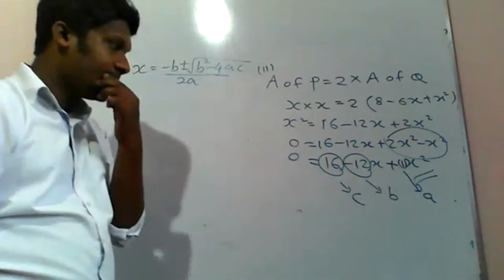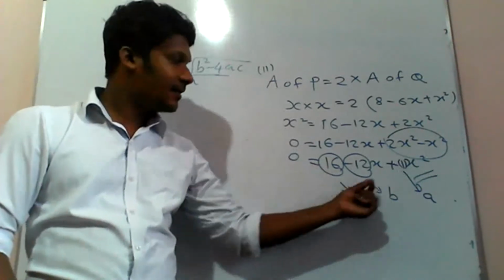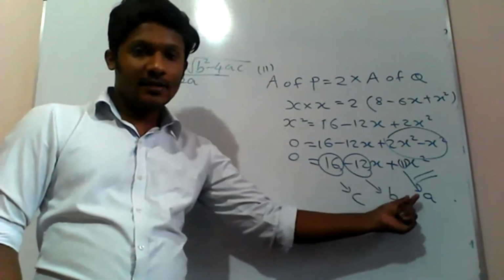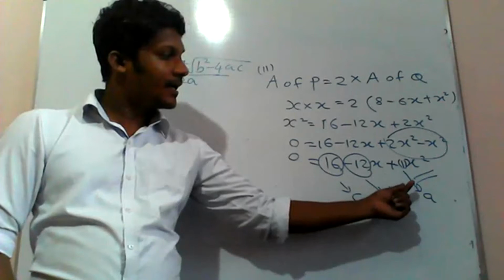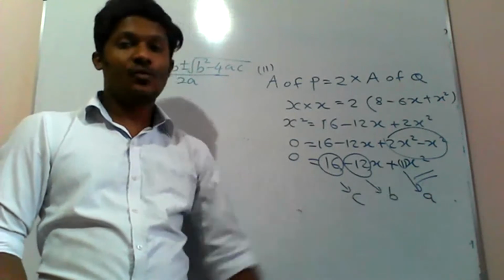This is A, right? Its C value is 16, B value is minus 12, A value is 1.